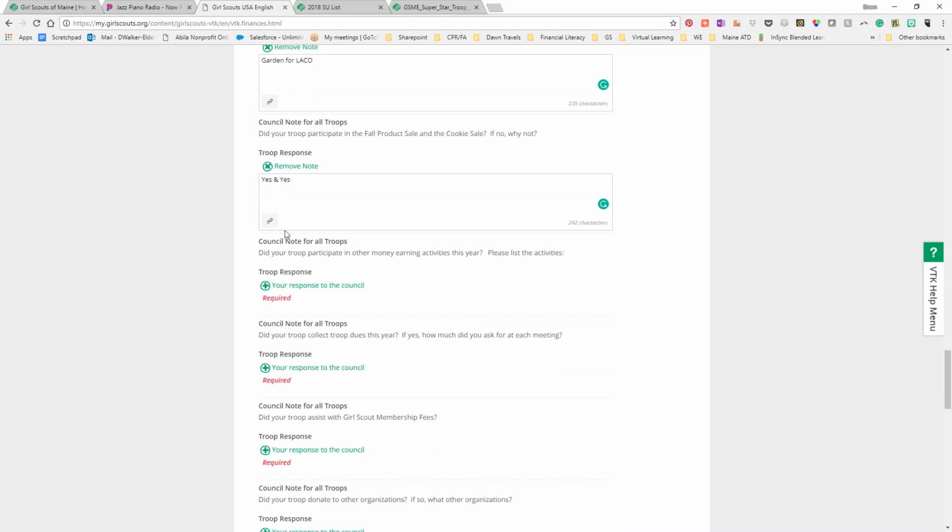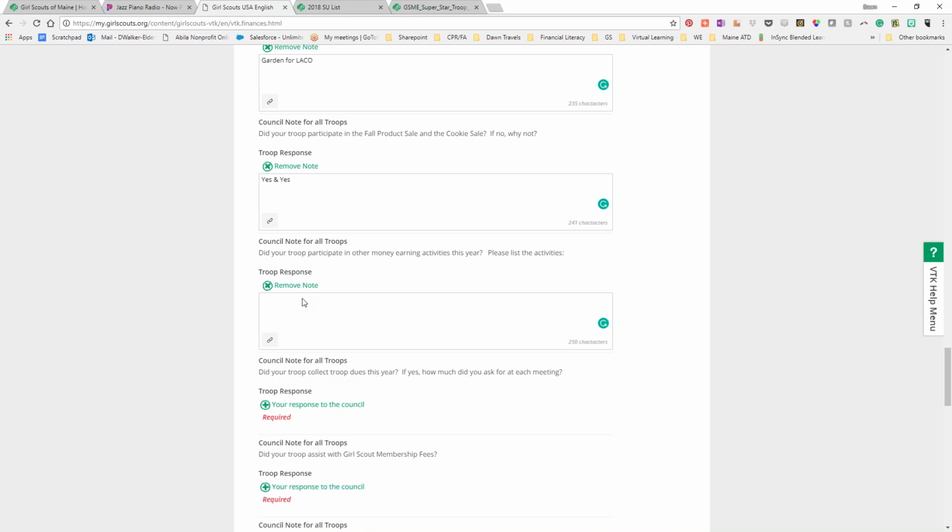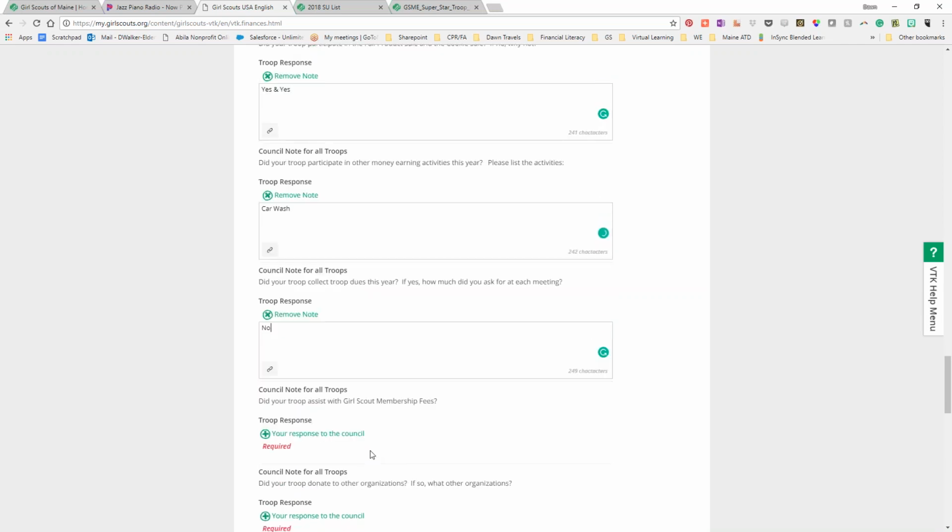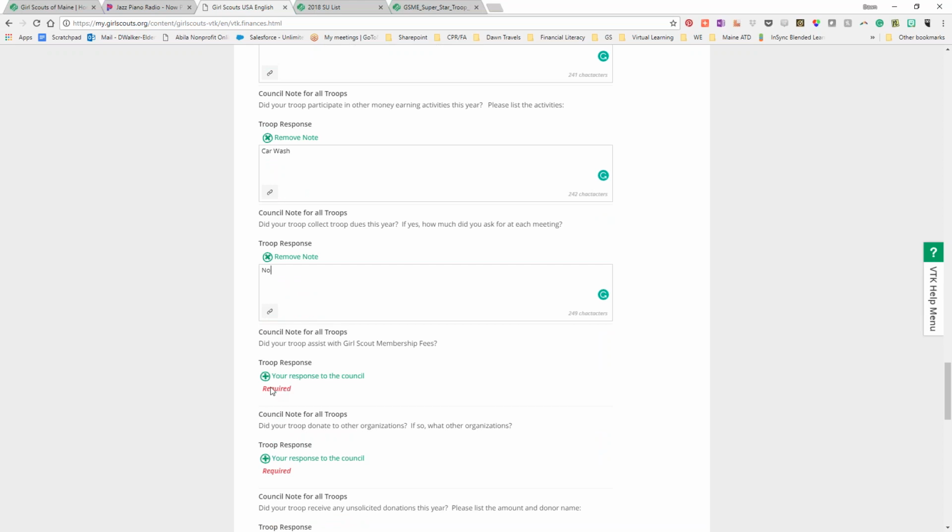So another piece of this too, as you go through these questions, if you run out of time or you have to leave, something comes up, this will autosave. So if you were to log out of the VTK at this point and come back in 2 days, all of the information that you have filled in will still show. It will say who was working on it.